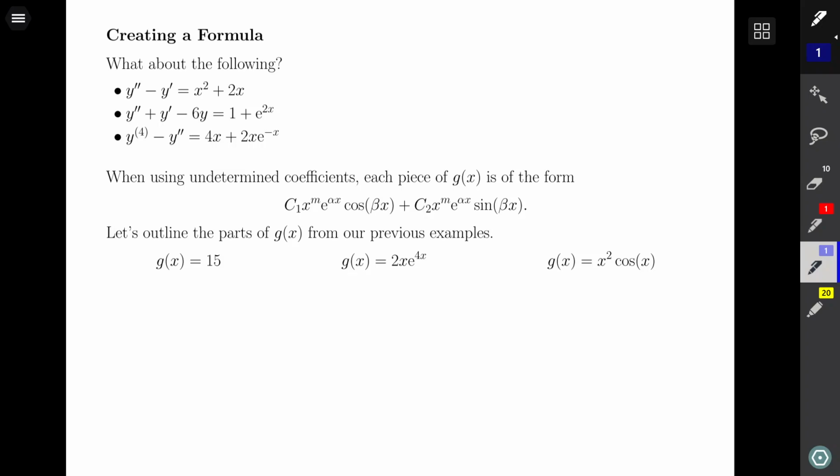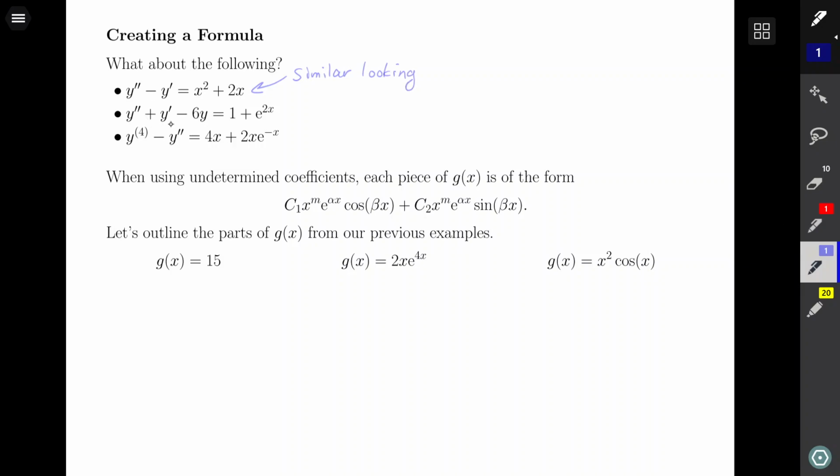First one there, we've got y double prime minus y prime equals x squared plus 2x. Each of those things individually looks pretty simple, but it's two things added together. So these two are actually pretty similar looking.